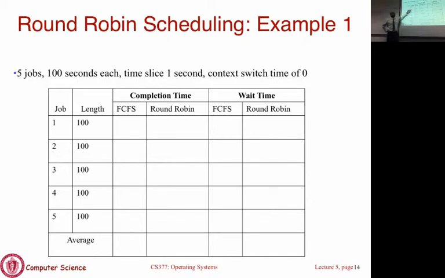Then job 2 is going to run. This is FCFS. Job 2 starts at time 100 and finishes at 200, since it also needs 100 seconds on the CPU. Then another 100, 100, 100. So the last job is going to finish at time 500. The first job finishes at time 100, and each of them finishes 100 seconds apart. So that's FCFS. That's trivial.